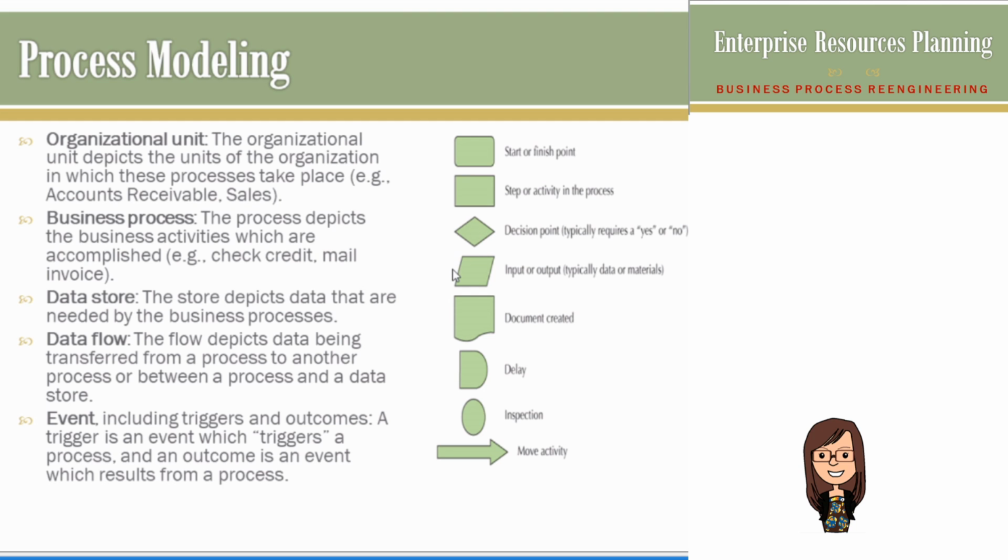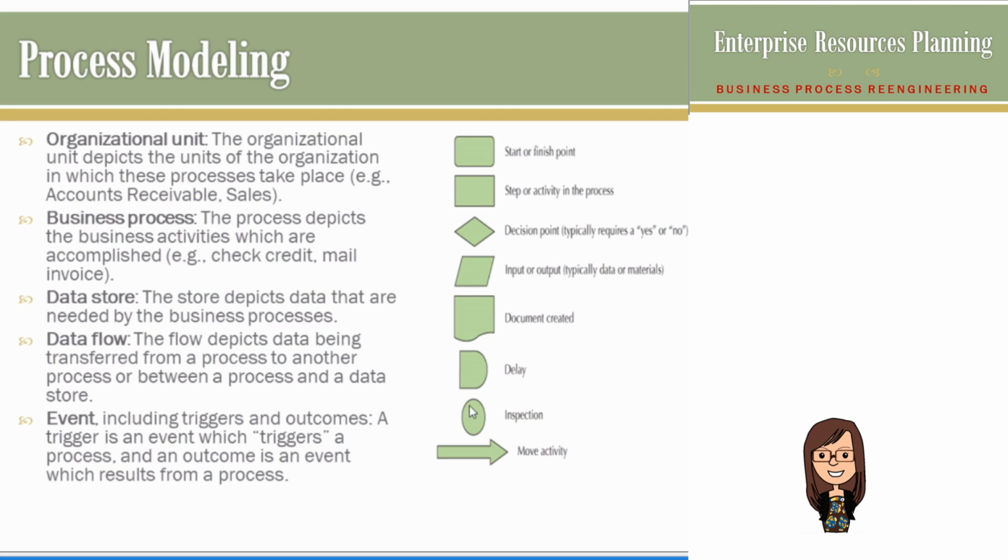And then there is a data store symbol, and this one is the symbol for document. If you want to say that this process will issue a document, you can use the symbol. And this is the symbol if you want to say that there is a delay when we do this process.